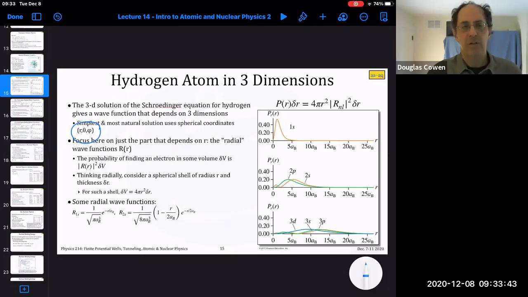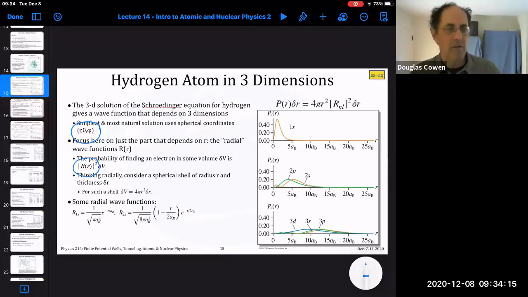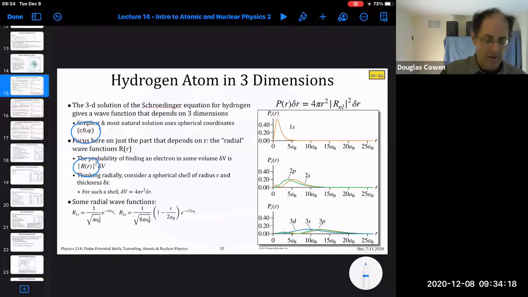The functions that are derived when you solve the Schrodinger equation in 3 dimensions can be split up into 3 different pieces: a piece that depends on r, a piece that depends on theta, and a piece that depends on phi. We're going to focus on the piece that just depends on r, and look at these radial wave functions, which are labeled with capital R. So that capital R is the wave function, it's not the radius. The lowercase r is the radius.